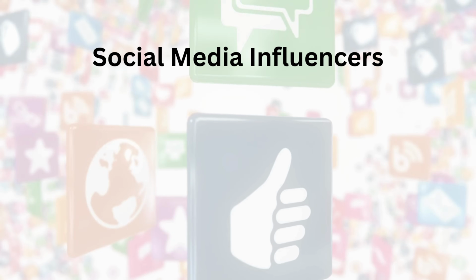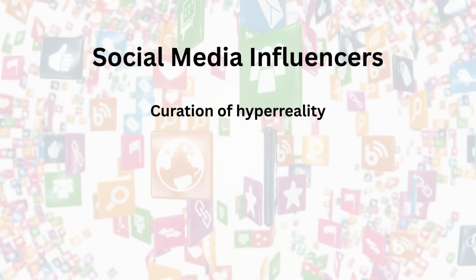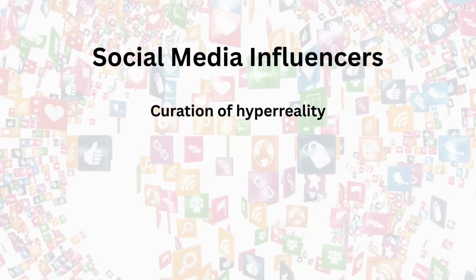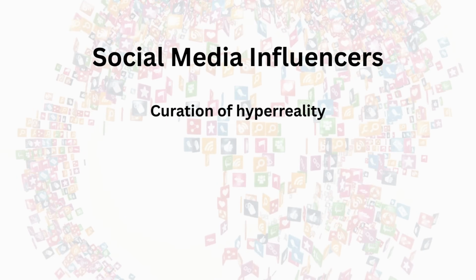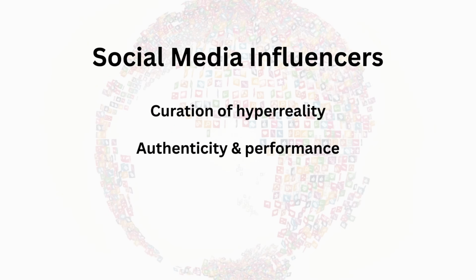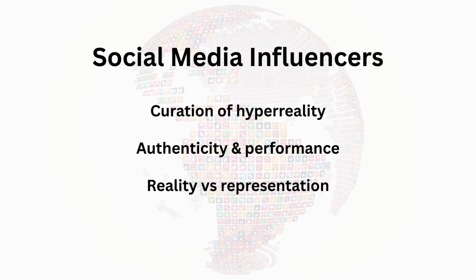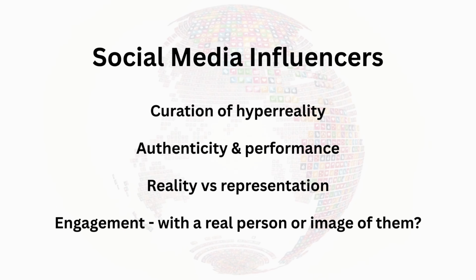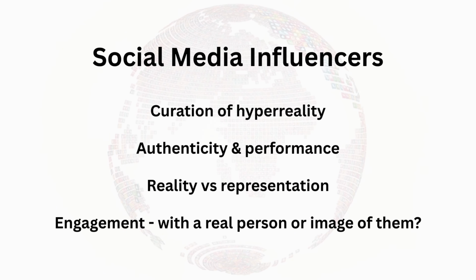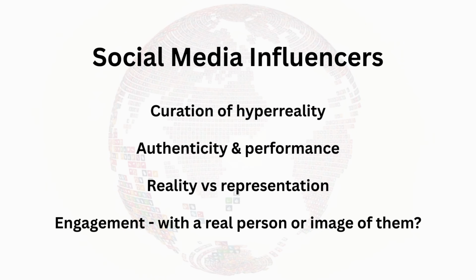And a postmodern study into social media influencers might look at how they curate a hyper-real version of their lives. It might examine the ways in which their feeds blend authenticity and performance, blurring the lines between reality and representation, and their followers would be engaging with the image of the person as much as or more than the real person behind it.